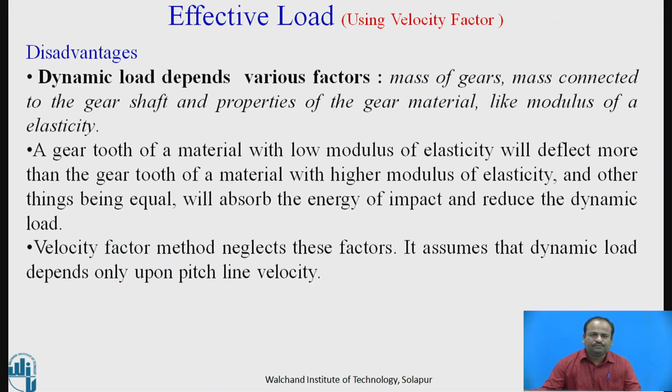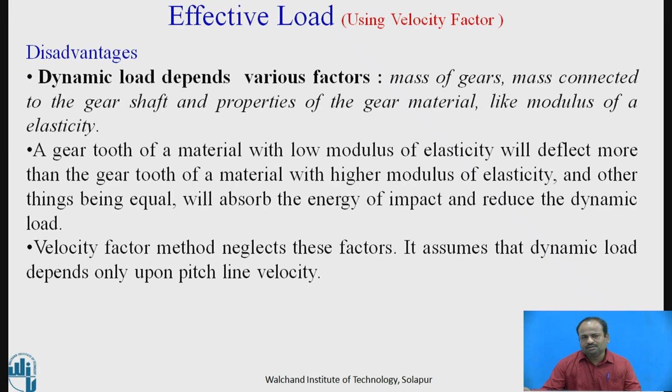Now effective load using velocity factor: what are the disadvantages or limitations? Dynamic load depends upon various factors: mass of the gear, mass connected to the gear shaft, and properties of the gear material like modulus of elasticity. A gear tooth of material with low modulus of elasticity will deflect more than a gear tooth of material with higher modulus of elasticity, and other things being equal will absorb energy of impact and reduce the dynamic load.